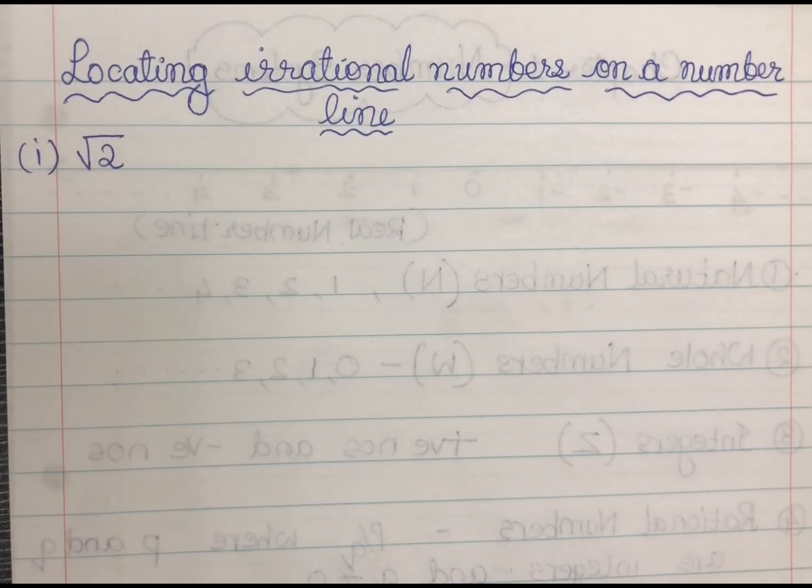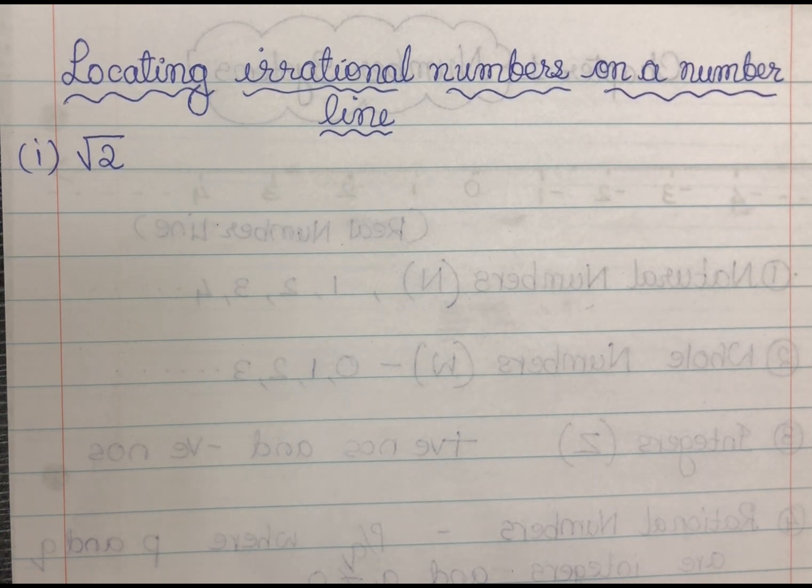I have told you every real number is represented as a unique point in the number line, right? Now you know real number is rational plus irrational. Rational includes what? Natural number, whole number, integers and fractions. You know how to represent a natural number in number line. You know how to represent a whole number on a number line. You know how to represent integers on a number line. And also you have learned how to represent fractions, that is rational numbers, on a number line, right?